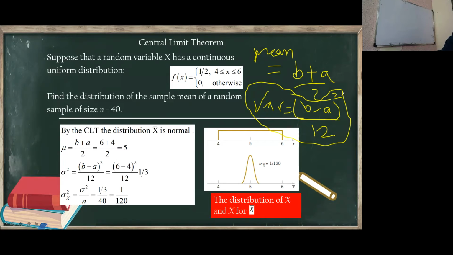That's the formula for mean and variance of a uniform distribution in a continuous random variable, right? So we're going to use the same thing here.